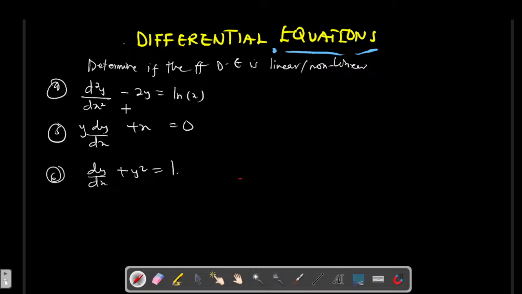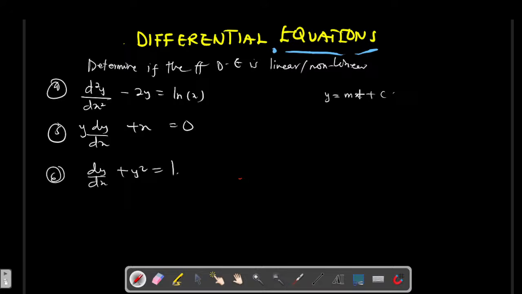We can only determine that by analyzing the condition for linearity. In high school, when you talk about a linear equation, it should satisfy y is equal to mx plus c, meaning that the highest power of our independent variable should be 1, right?